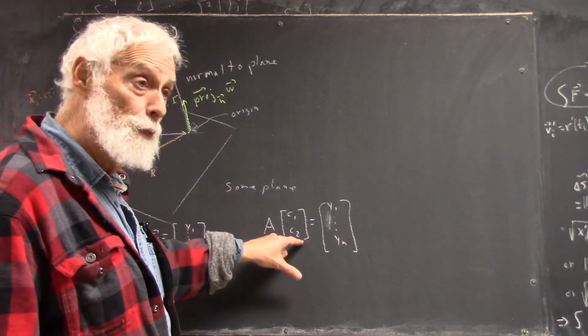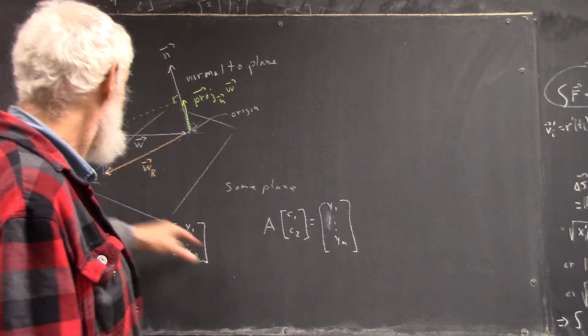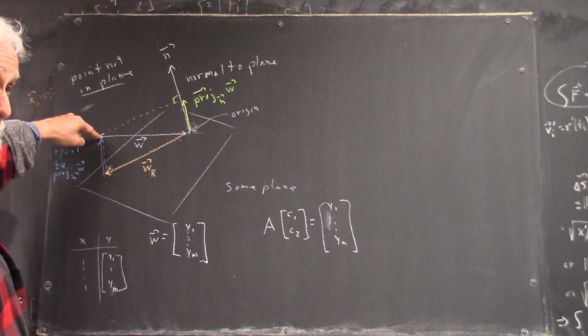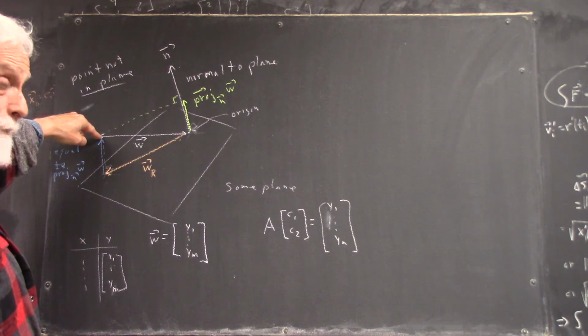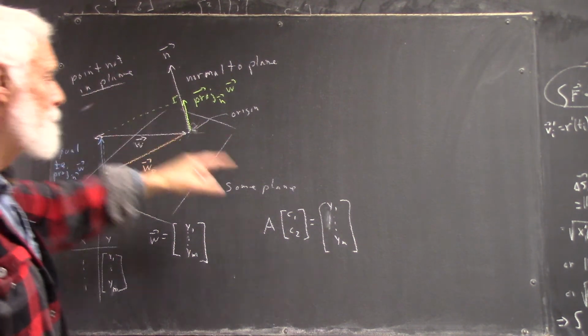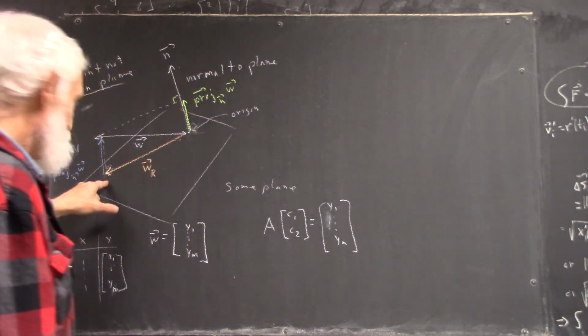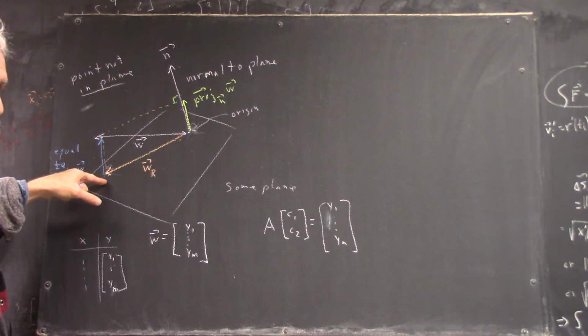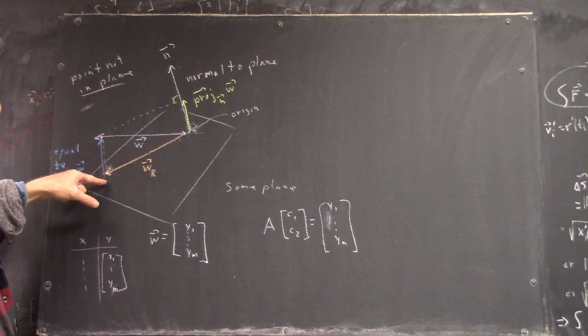A times your C1, C2 is this W vector. Okay? No, A times your C1, C2 is this vector down here. Okay?